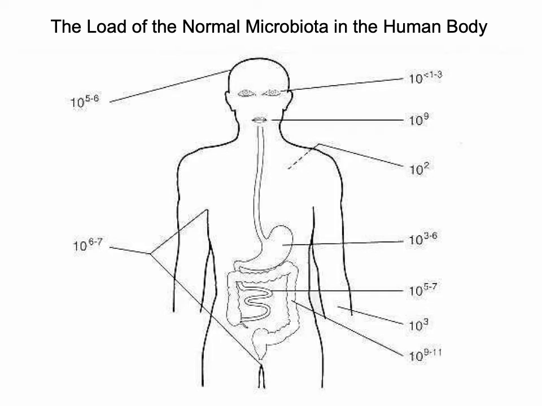You can see a drawing here: the intestine obviously has a large number of microbes, 10 to the 9 to 11, and the oral cavity 10 to the 9, even our skin has 10 to the 5 to 10 to the 6. So every part of our body carries microbes, and some parts have a lot more than others.